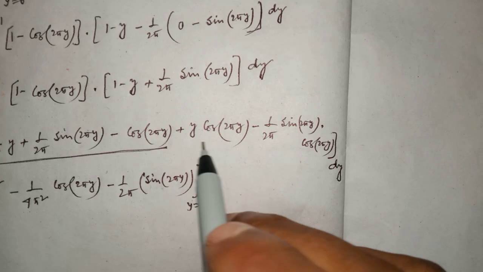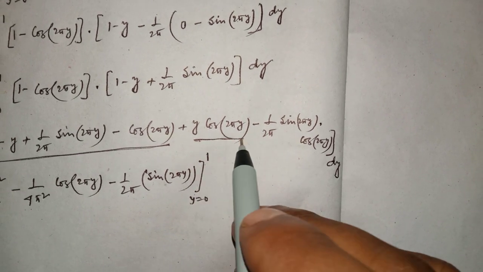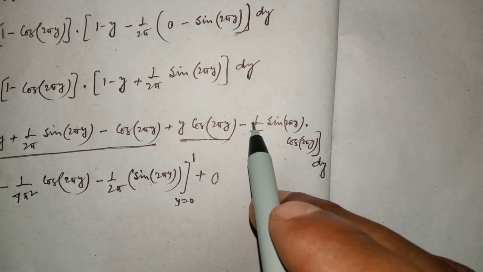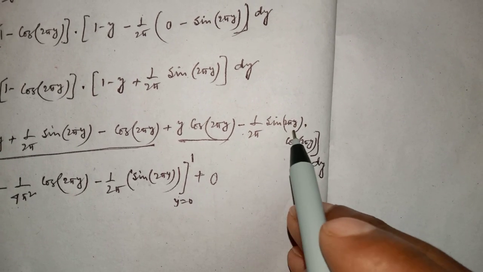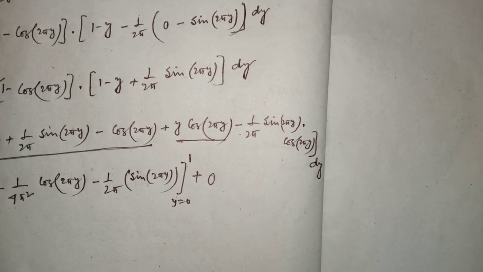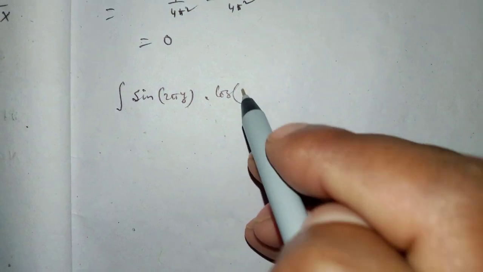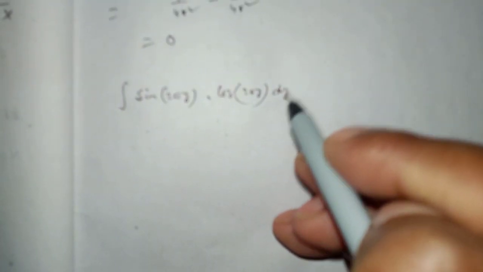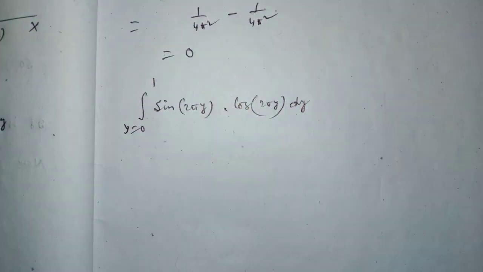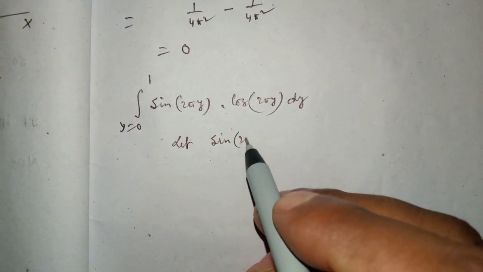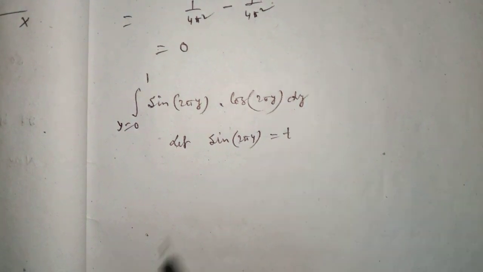So the integration of y cos 2πy is 0, and next we have minus 1 by 2π times the integration of sin 2πy into cos 2πy dy, y from 0 to 1. Let sin 2πy equal to t.